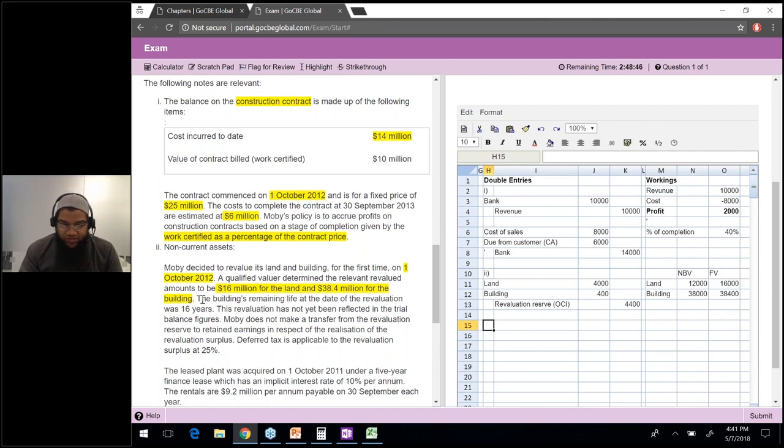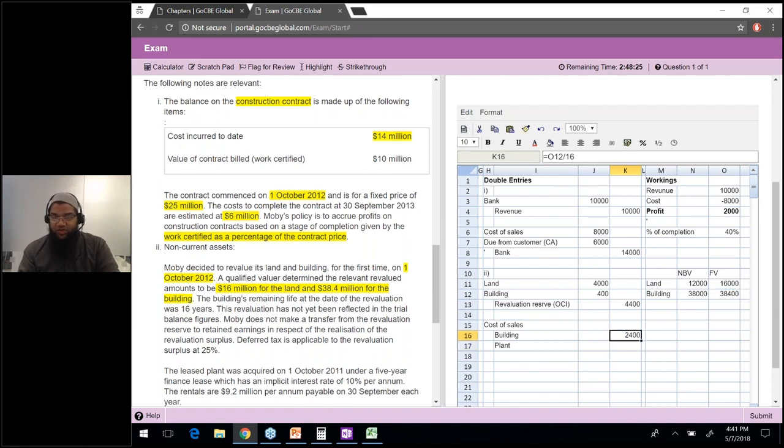And then the question further says that the building remaining life at the date of revaluation was 16 years. So I'm going to charge the depreciation of the building into cost of sales. And I know that the plant will also be depreciated. So the value of the building was 38,400 divided by its life of 16 years.